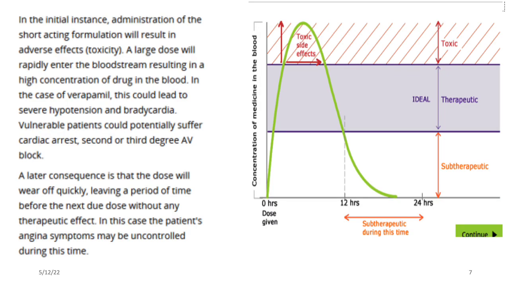This patient took 3 tablets of 80 milligram short-acting, so she quickly entered the therapeutic window, went up, became toxic, and remained in the toxic zone. During this period she developed bradycardia and hypotension, and sometimes this can become serious and lead to first, second, or third degree heart block or even cardiac arrest.